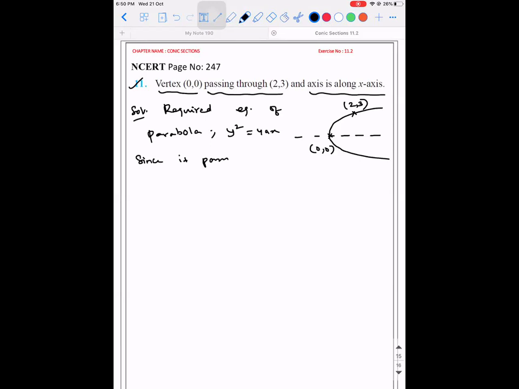Since it passes through 2, 3, substitute that point there. So 9 is equal to 4 into a into 2, which implies a is equal to 9 by 8.